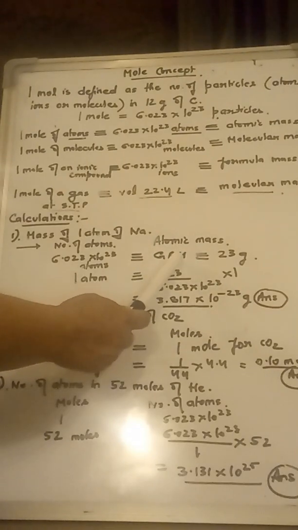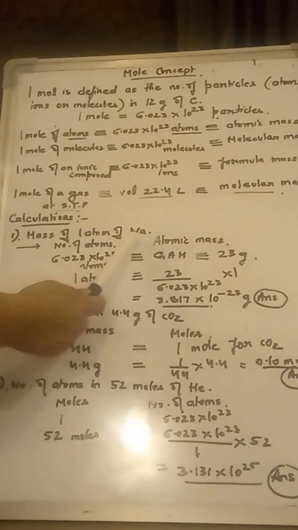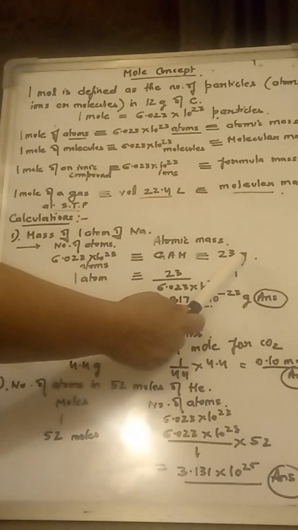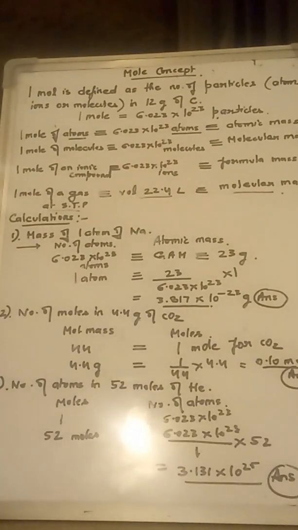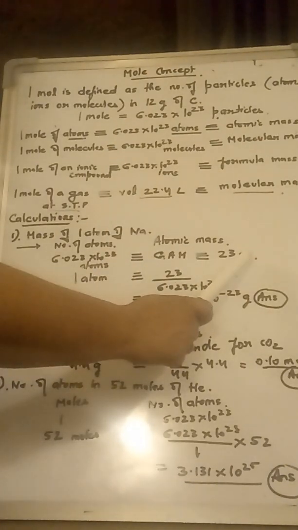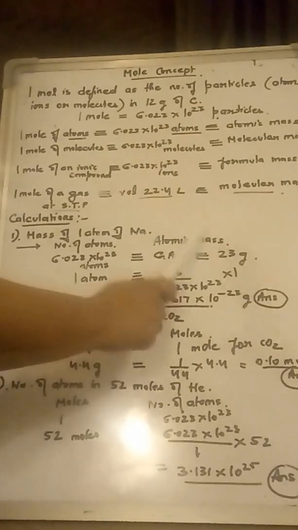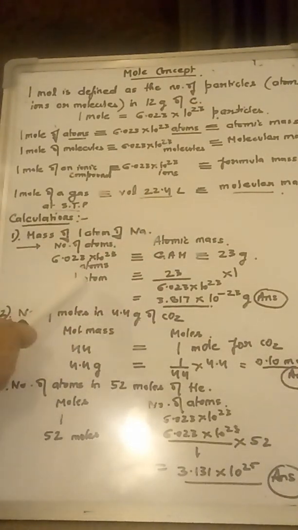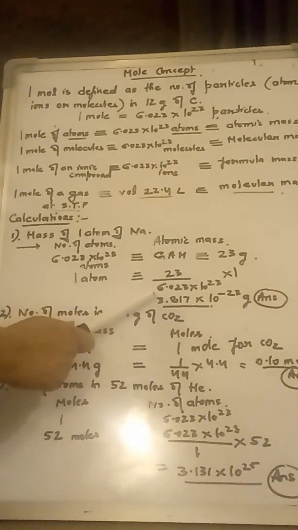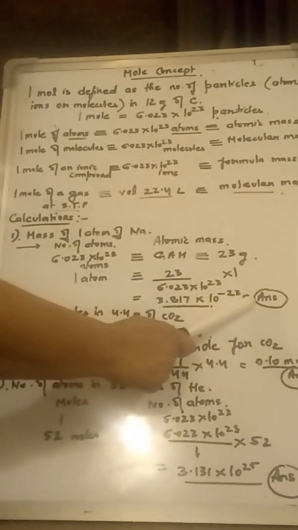Equal to the gram atomic mass of the substance. What is the atomic mass of sodium? It's 23. Gram atomic mass is 23 gram. So for sodium, 6.023 into 10 to the power 23 atoms have mass equal to 23 gram, that is, mass equal to its atomic mass. So one atom will have how much mass? You can find it out easily, and this is the answer.